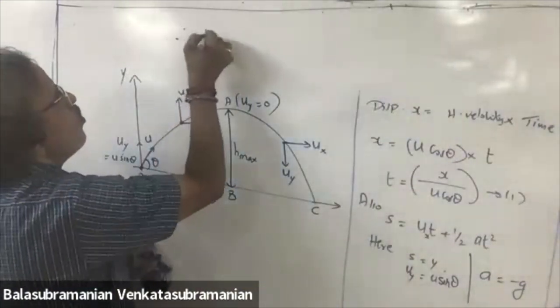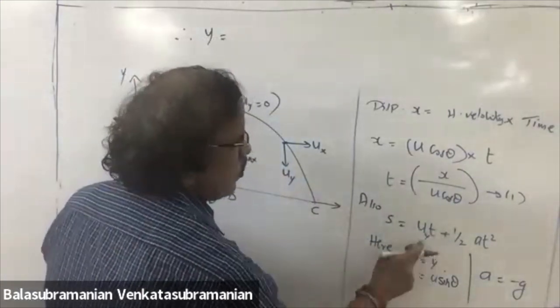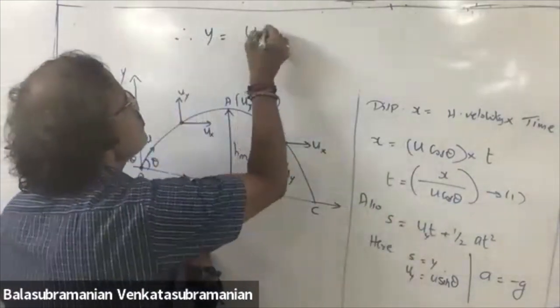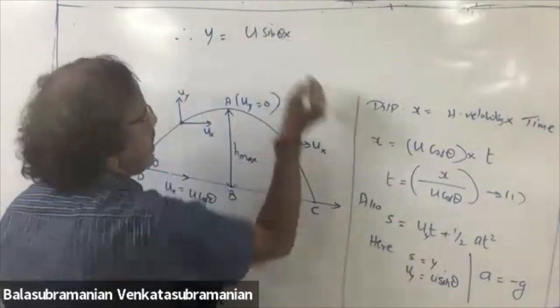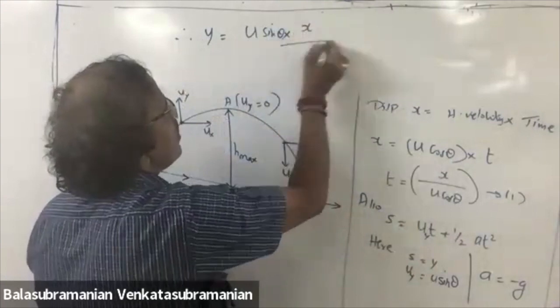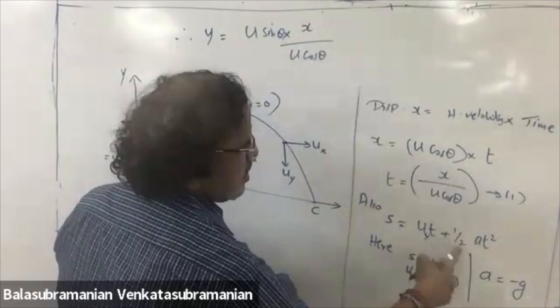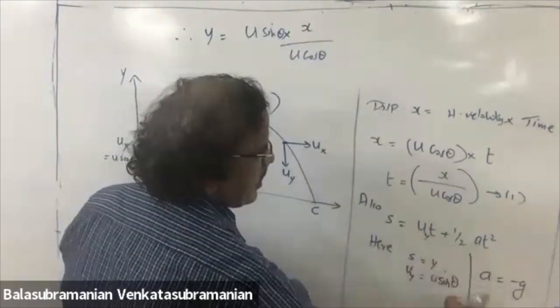Therefore, y is equal to uy t. Uy is nothing but u sin theta into t. What is t? x by u cos theta. Plus, that plus becomes minus g.